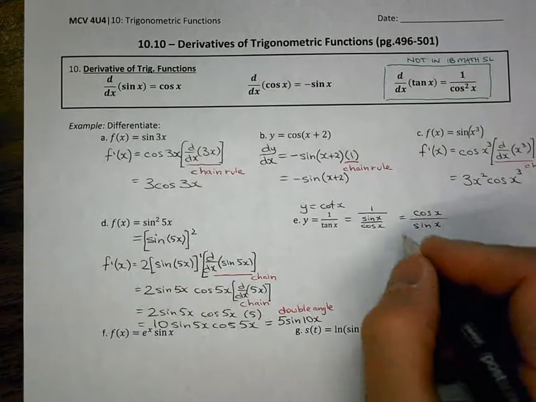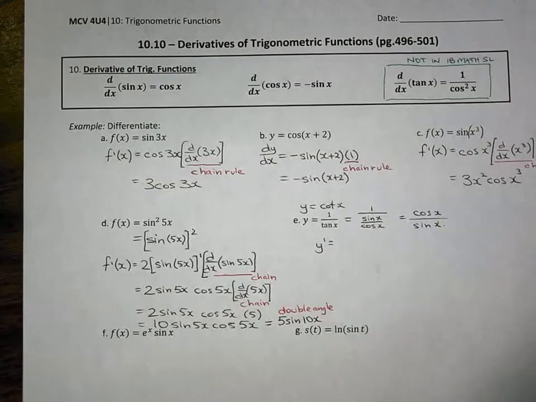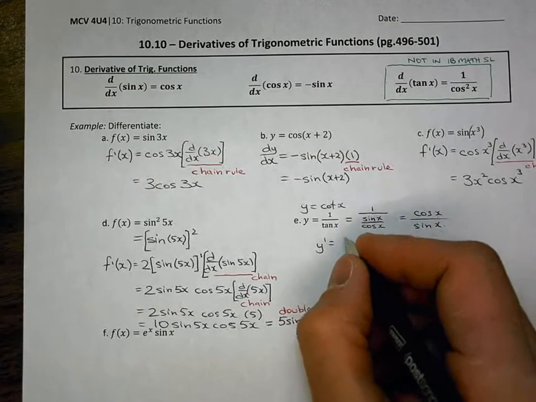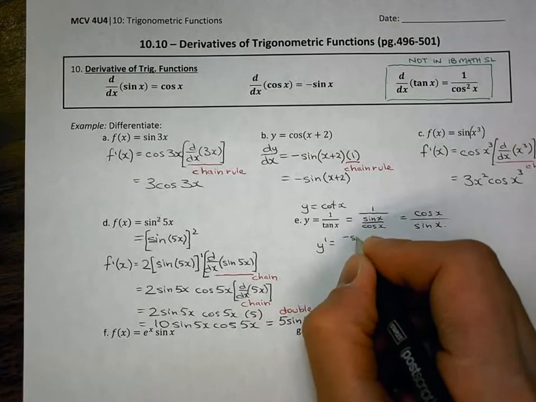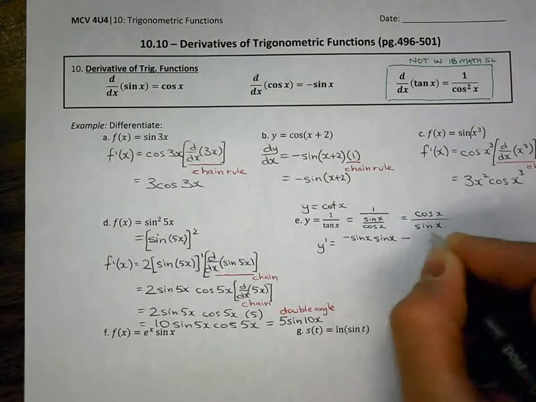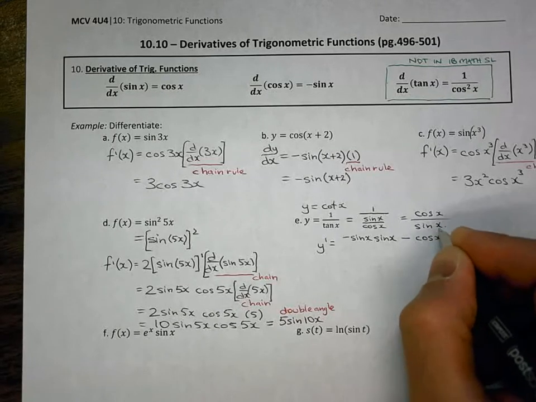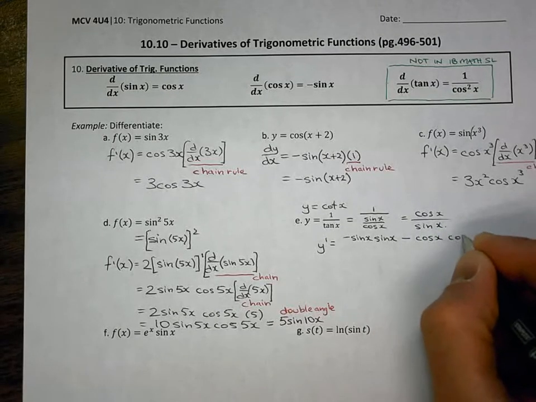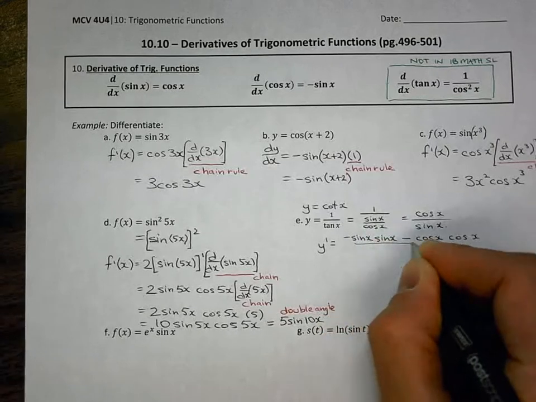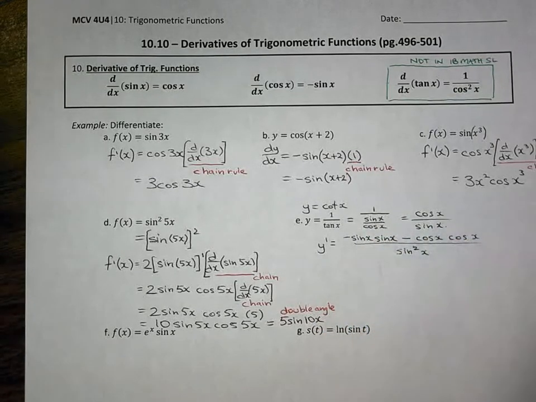Now, if you want to find the derivative of that, you can use your quotient rule. So the derivative of the top, cos, is negative sine x times the bottom, which is sine x, minus the top, which is cos x, times the derivative of the bottom, which is positive cos x, over sine squared x, right, because I've squared it.